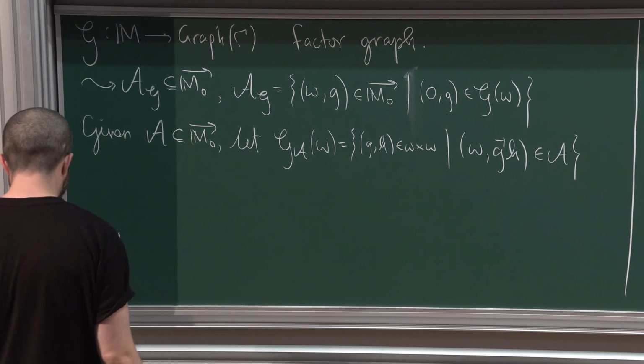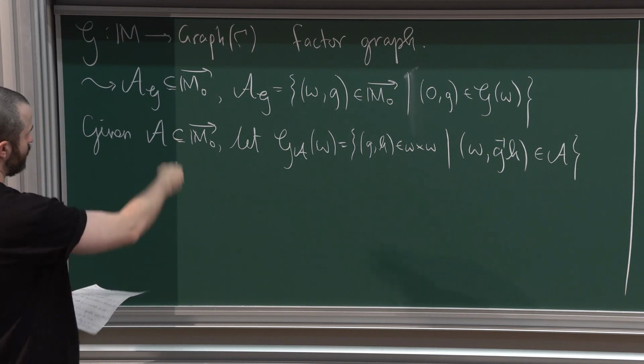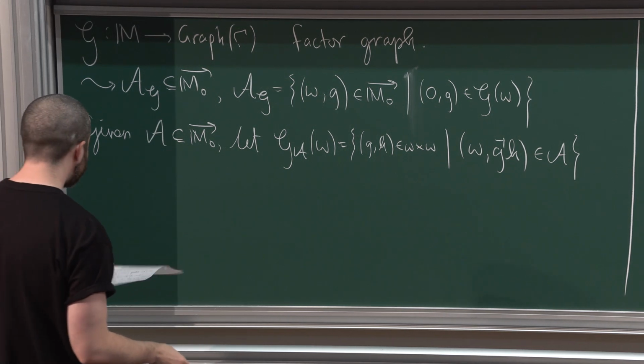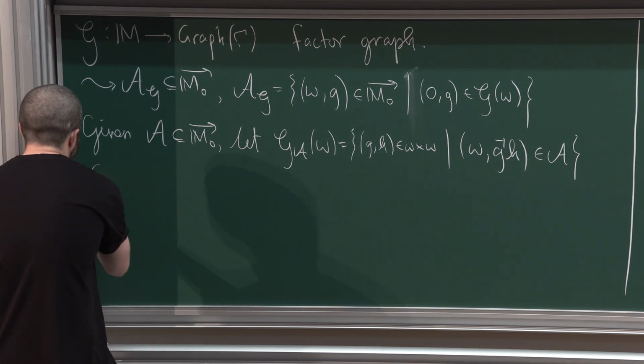So I encourage you to sit down and do the elementary calculation to check that these are actually mutually inverse operations. And that means that we have constructed a correspondence.